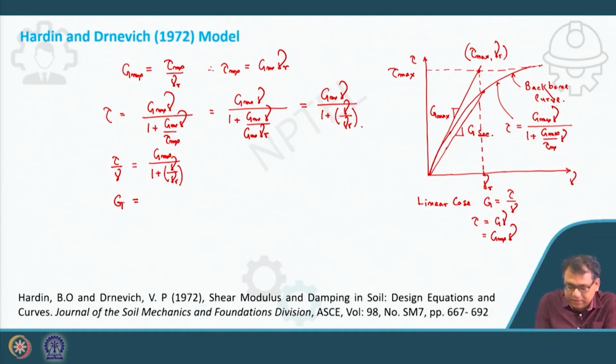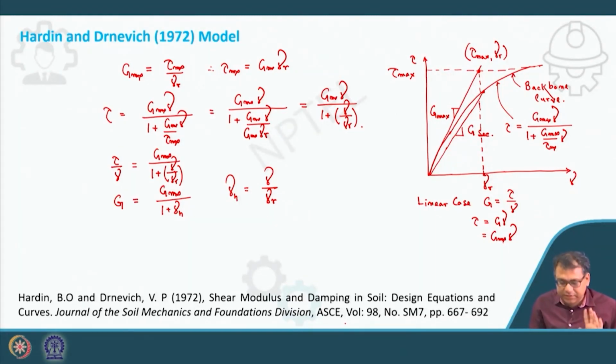So that will be G, and this will be G max over 1 plus strain H. What is strain H? Strain H is nothing but shear strain by reference strain. So that is the expression I will get.